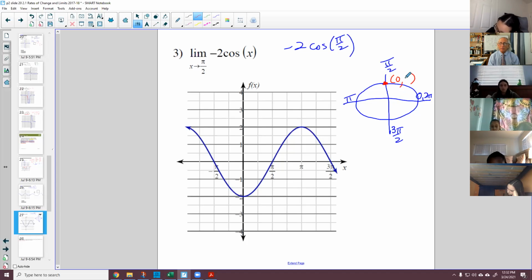Oh, and the y is 1. Very good. Okay. And it's cosine x or y? Cosine is x, I believe. So then what is cosine pi over 2? It is 0. So what is -2 times 0? 0. So what is the limit as x approaches pi over 2 of -2 cosine x? 0. There you go.